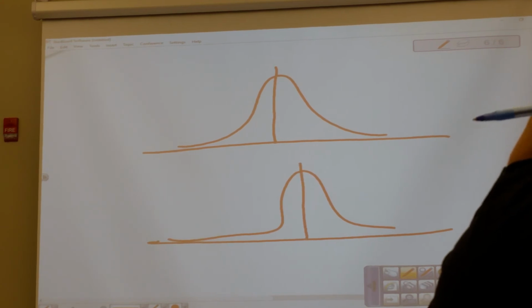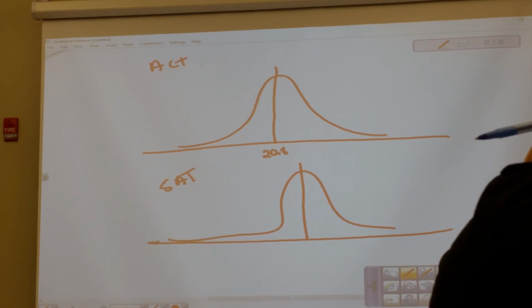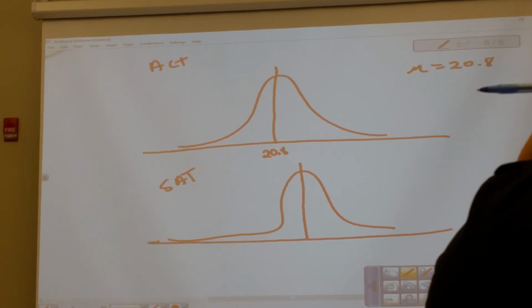Really ugly pictures. Okay, so this is the ACT, and this is the SAT. What I have to look at is, what was the mean for the ACT? 20.8, and the standard deviation was 4.8.